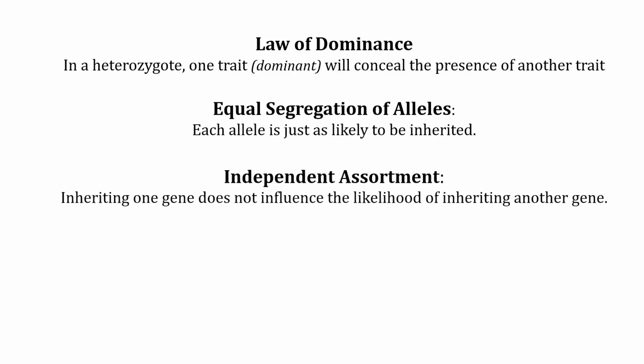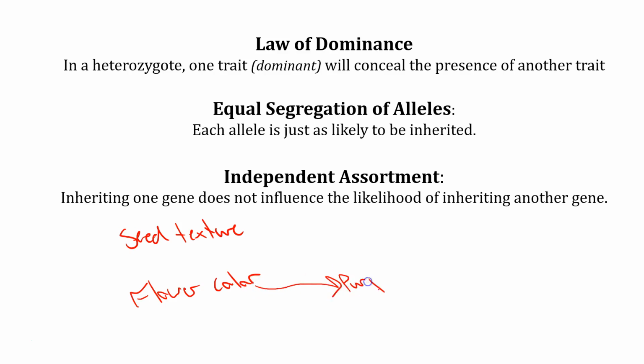His last rule was independent assortment: inheriting one gene does not influence the likelihood of inheriting another gene. So, for example, let's say there are two traits, seed texture and flower color. It's not the case that if some offspring from a plant inherits purple flowers, they're going to be much more likely to have a smooth seed texture versus wrinkled seed texture.